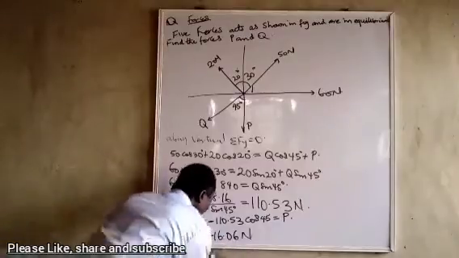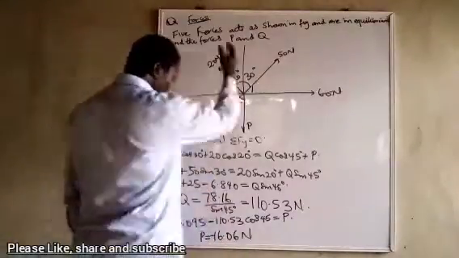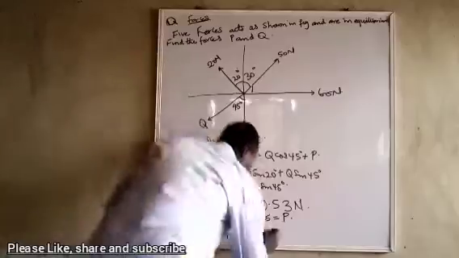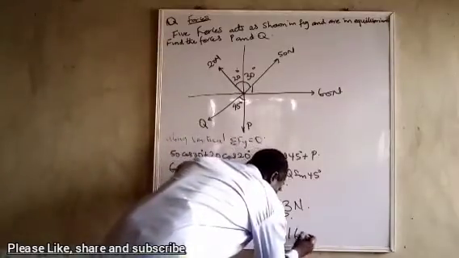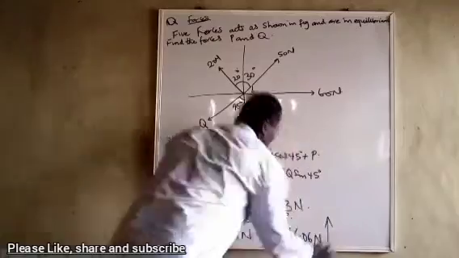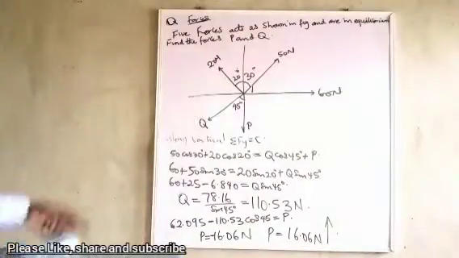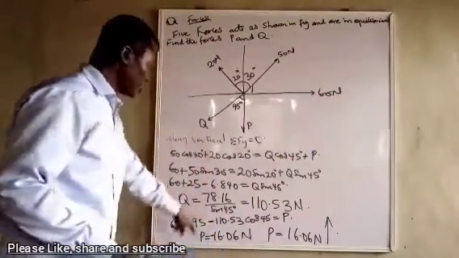Which means that the direction of P is actually upward. Direction of P is actually upward. So P is 16.06 Newton upward. That is it. And this is the normal direction for Q.